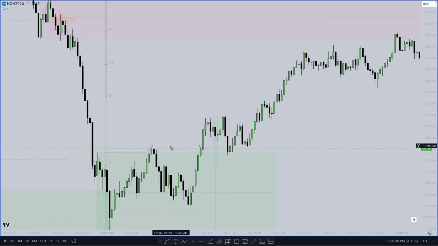And then generally, the first tap into a zone is a scalp. Sometimes it'll just keep rocketing, but healthy order flow generally breaks structure, taps back into it.